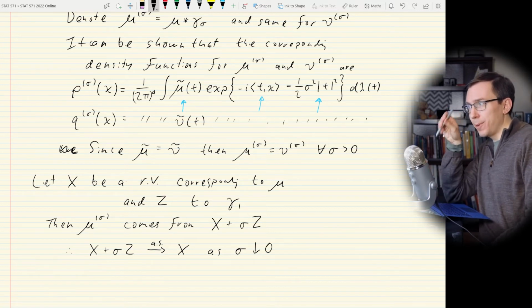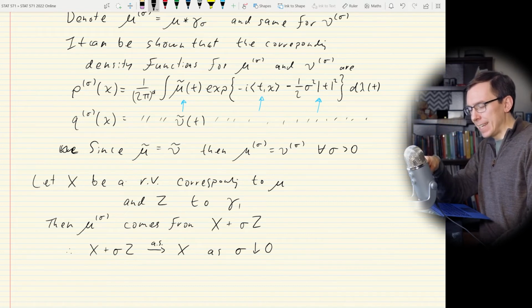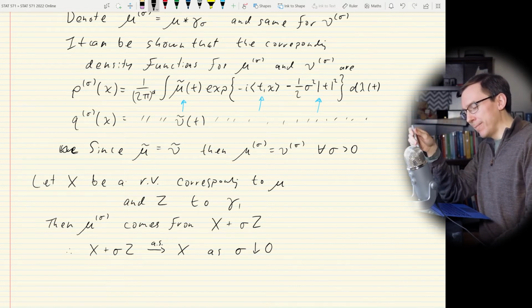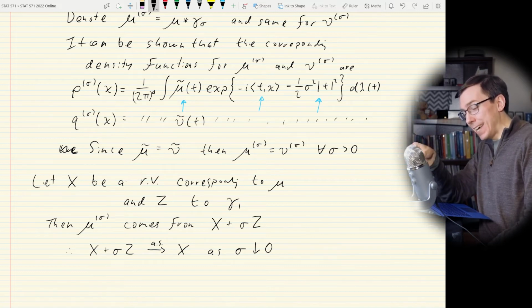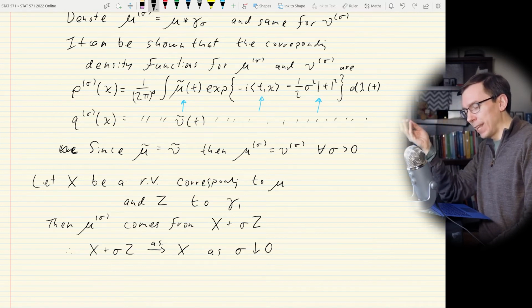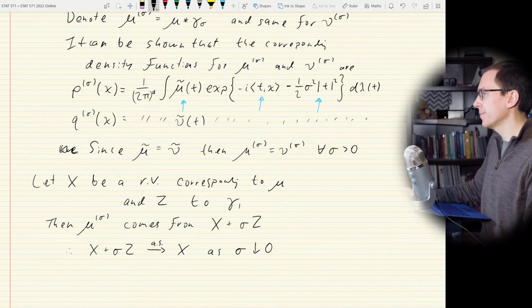This is pointwise for almost all omega. Think of this as X of omega plus sigma, some constant, times Z of omega. For any omega, it's going to be fixed, just some value for X and Z. As sigma goes to 0, this second bit, sigma Z, goes to 0 almost surely, that is pointwise, and we're left with just X.